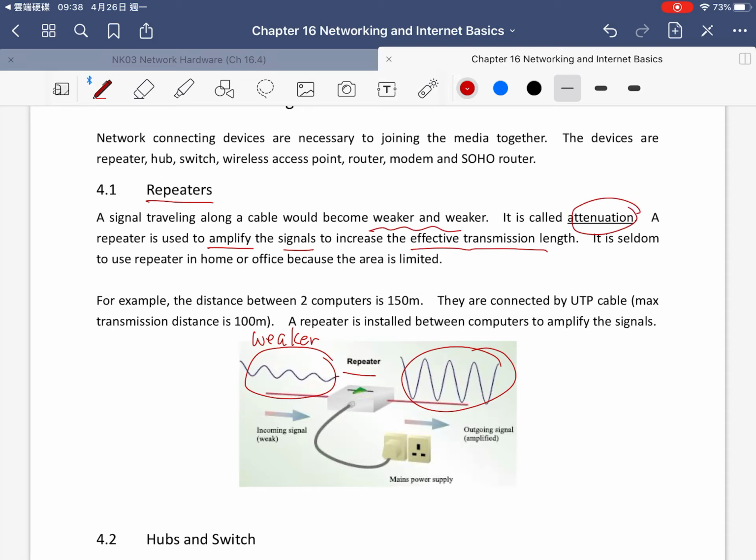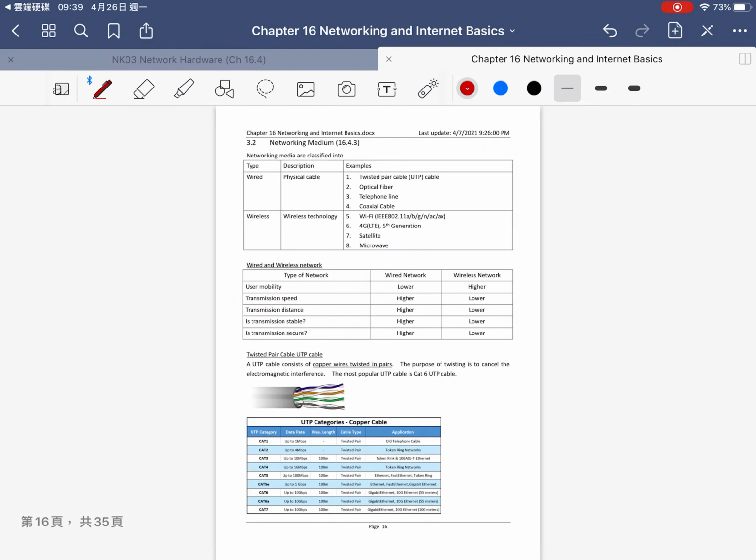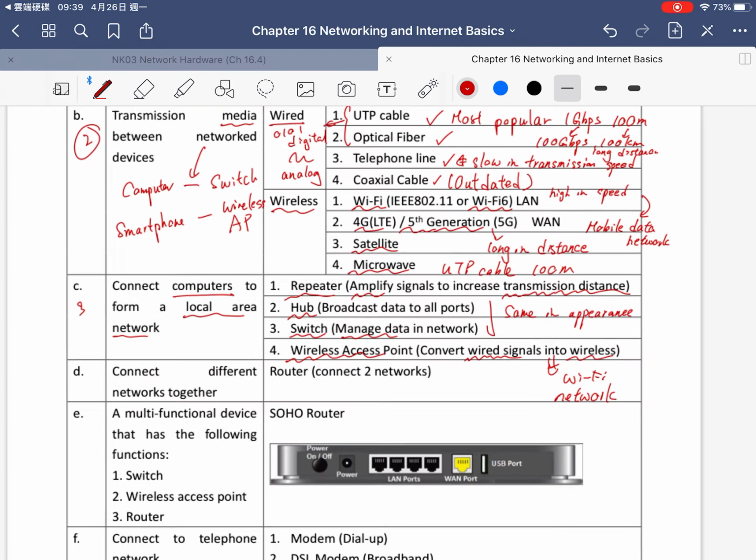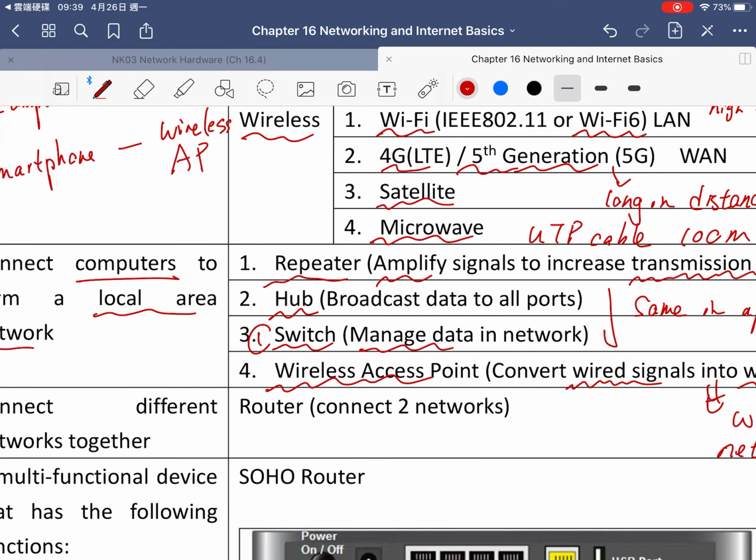It is called attenuation, 衰變. But nowadays, we tend to use the optical fiber, but not a repeater. The network devices to connect computers together to form a local area network include a switch, a hub, wireless access point, and repeater.